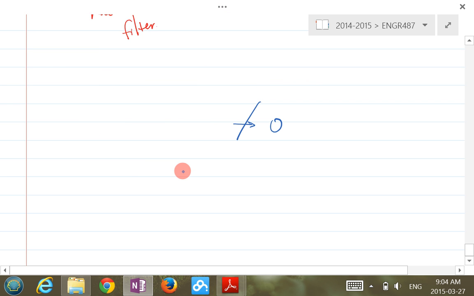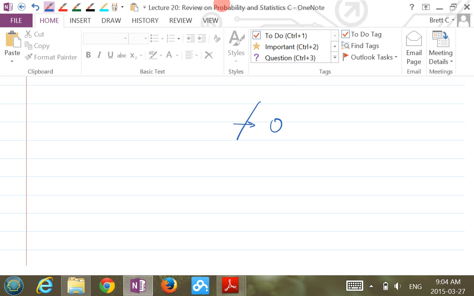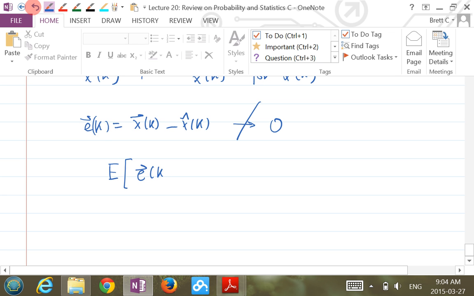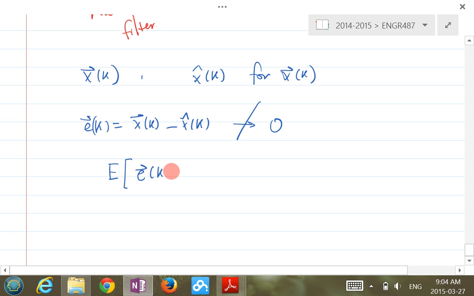So we create a covariance matrix here. We call it P, P of k plus 1.